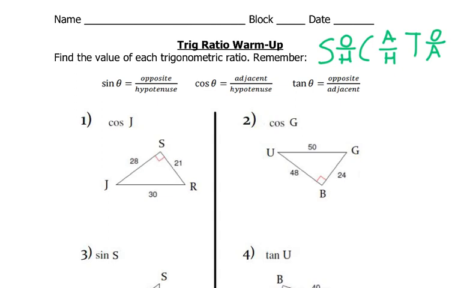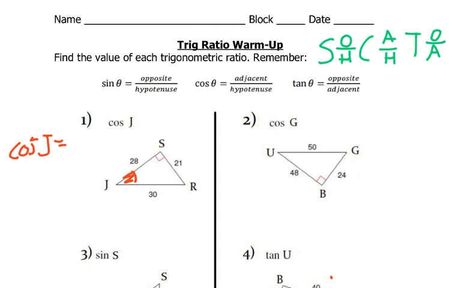So let's look at number one, cosine of J. This means we're looking at J, so we're looking at this angle here. Cosine is adjacent over hypotenuse. So the cosine of J is the one that's adjacent.